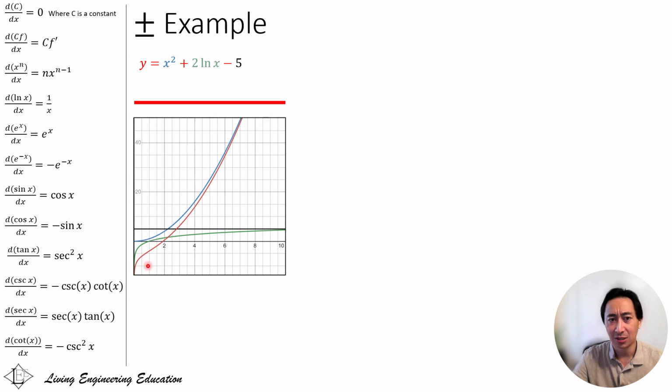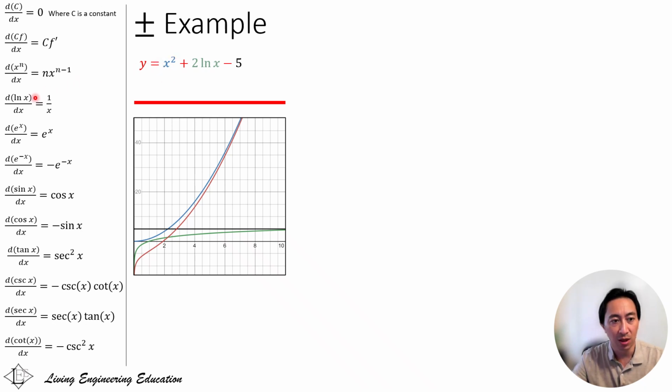And it makes sense why it's combined the way it is, right? Initially, natural log of x dominates the effects. And then soon after, it basically has very little effect, and your total y value basically looks like x squared. That makes sense.